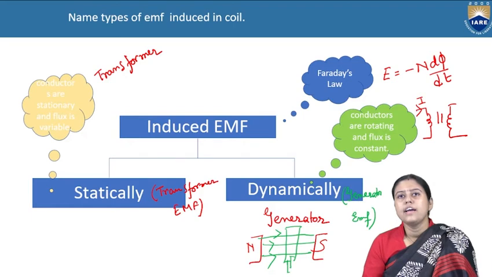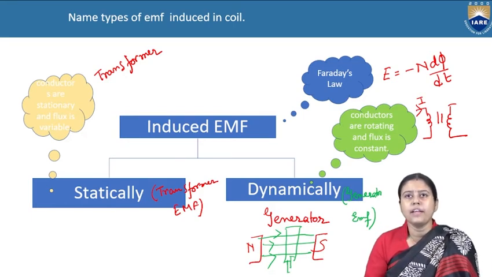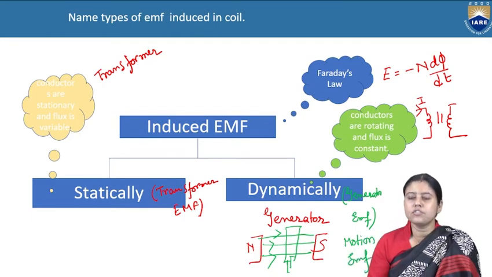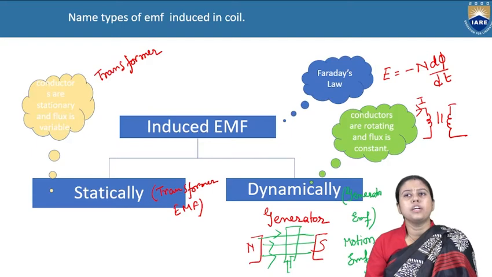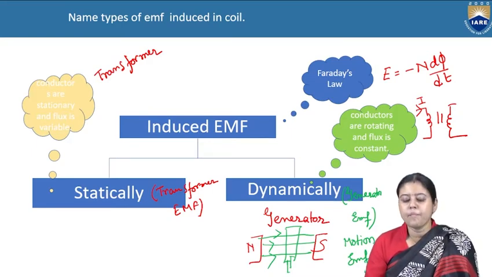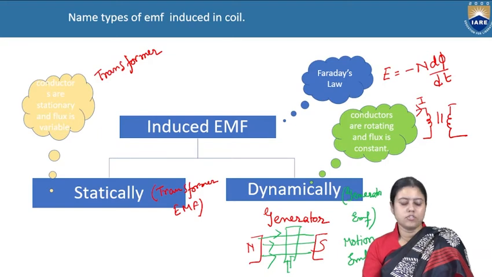So induced EMF is basically of two types. One is called the statically induced or transformer EMF. The other is known as the dynamically induced or generated EMF, also known as the motion EMF. Dynamically induced means conductors are rotating and flux is constant.